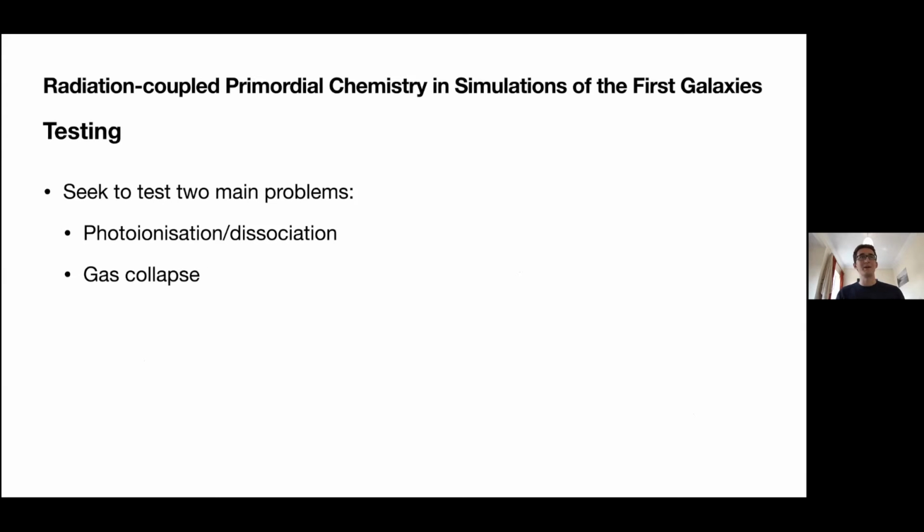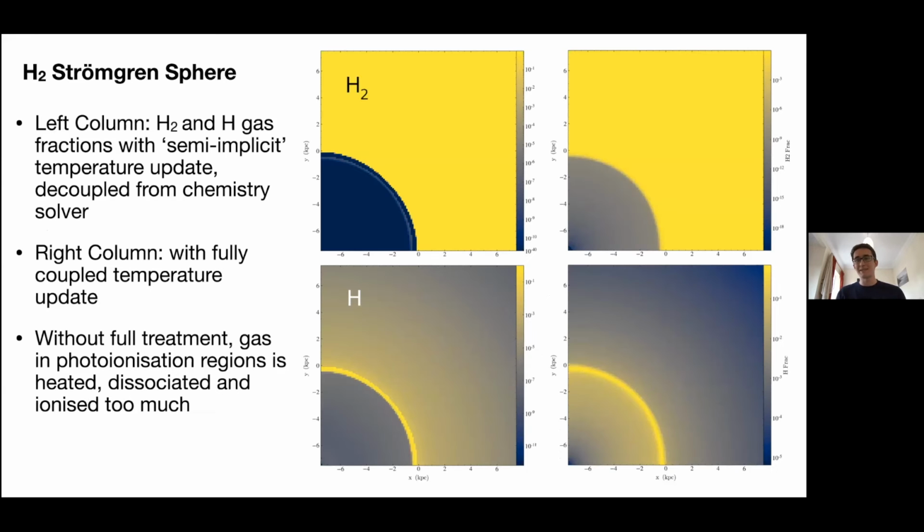So the way I've tested the code is to look at two main situations where I think the chemistry will have the largest effect, which is in photoionization dissociation and in gas collapse by radiative cooling. So the way I've tested the ionization is to look at a suite of Strömgren sphere-like simulations.